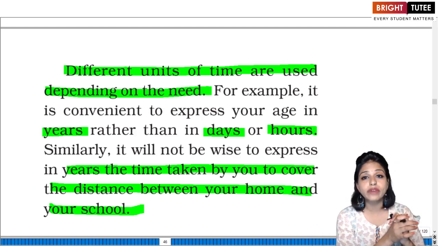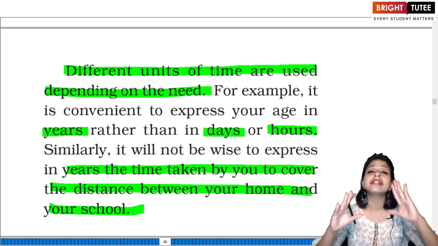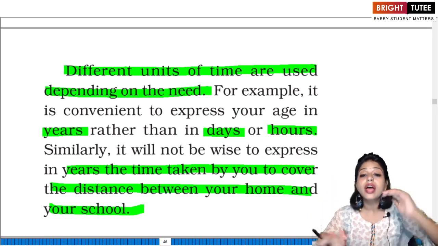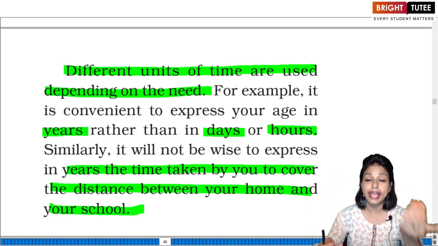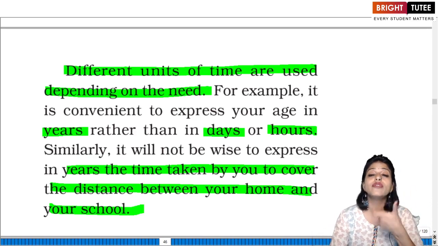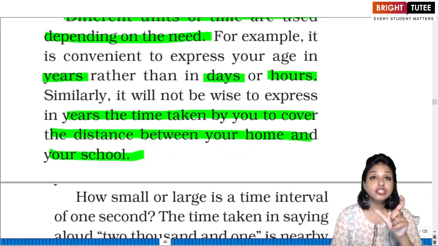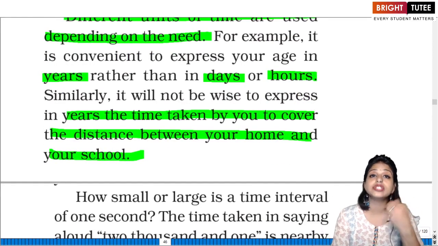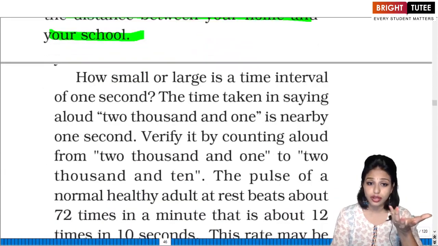But what is the right way of saying that? The right way of saying that is, yes, it took me 10 minutes or let's say half an hour. And for your age, years is a better way of telling the unit of time. So it doesn't mean any unit is wrong or right. It is just about the situation or condition which you need to go for, right?